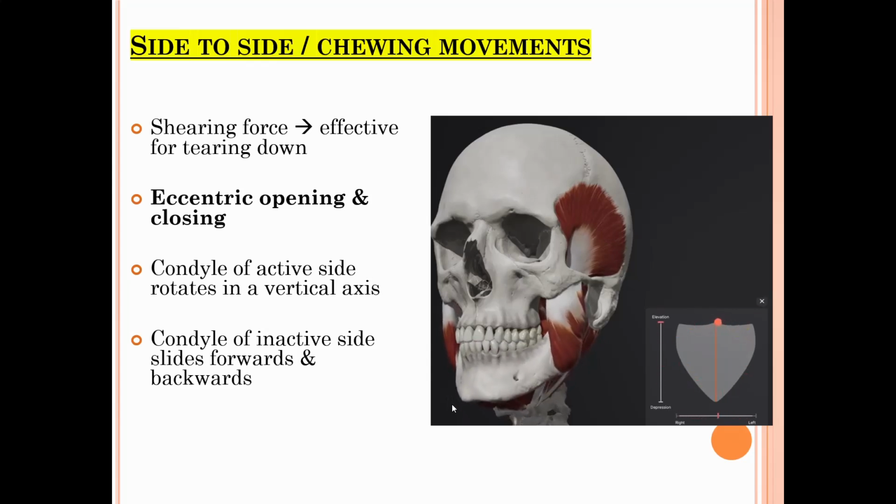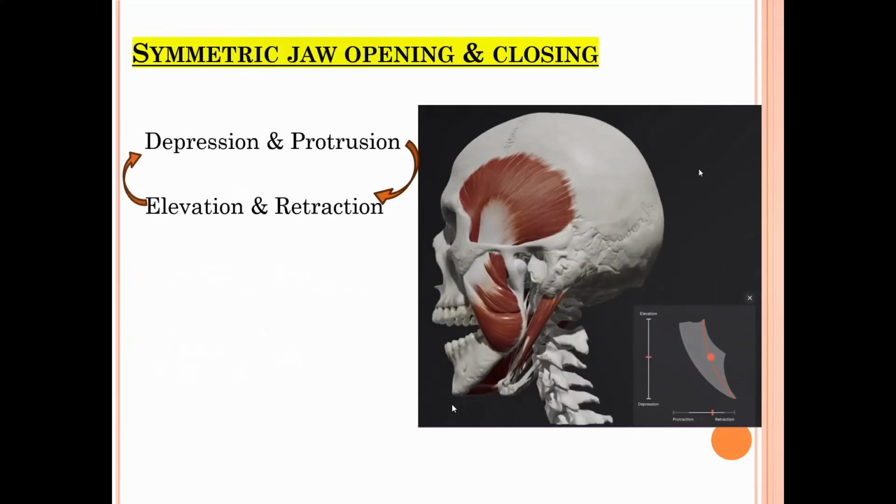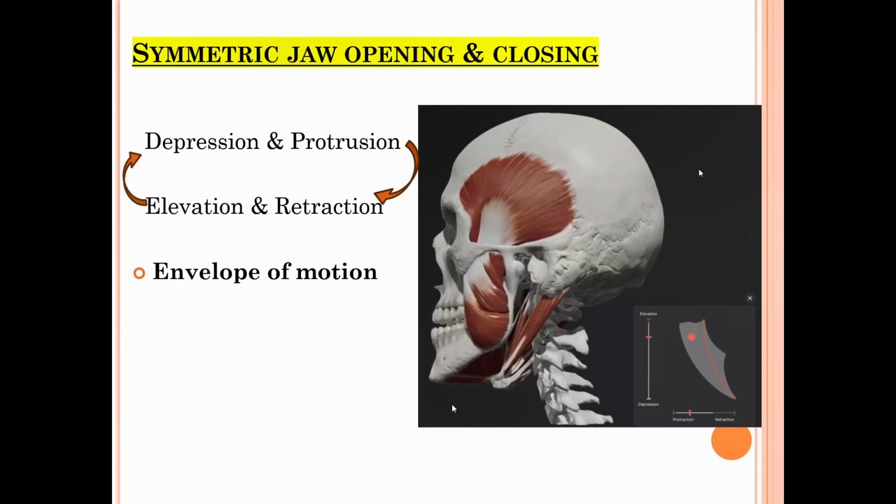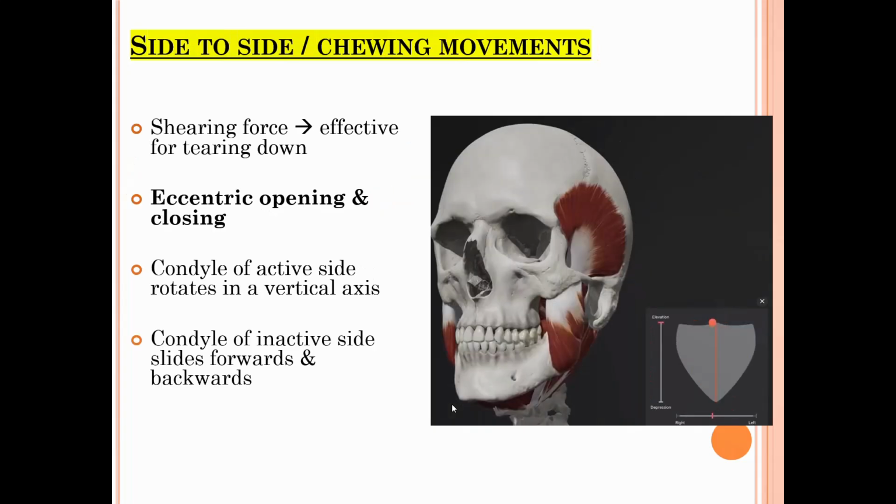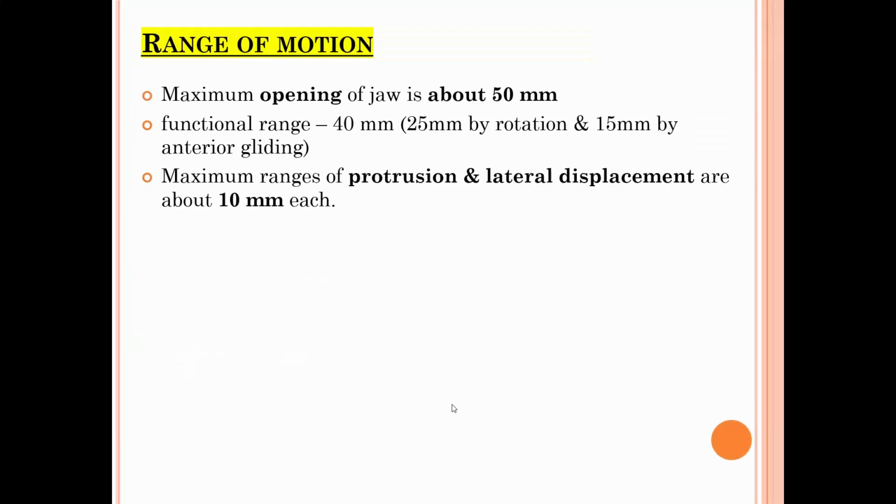There is a difference between side to side chewing movement and the previous slide which I showed you. You can see the symmetric jaw opening and closing. This is symmetric jaw opening and closing. This is side to side chewing movement. Now, range of motion. Maximum opening of the jaw is about 50 millimeter.